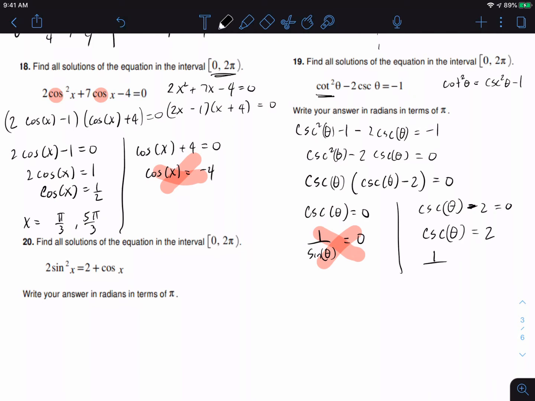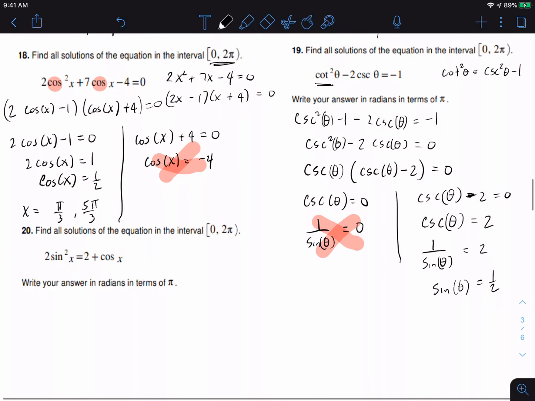Well, isn't that the same as 1 over sine theta is equal to 2? Or that sine theta is equal to 1/2. Well, where does that happen? It happens in 2 places. Theta would happen at pi over 6 or 5 pi over 6. Okay?